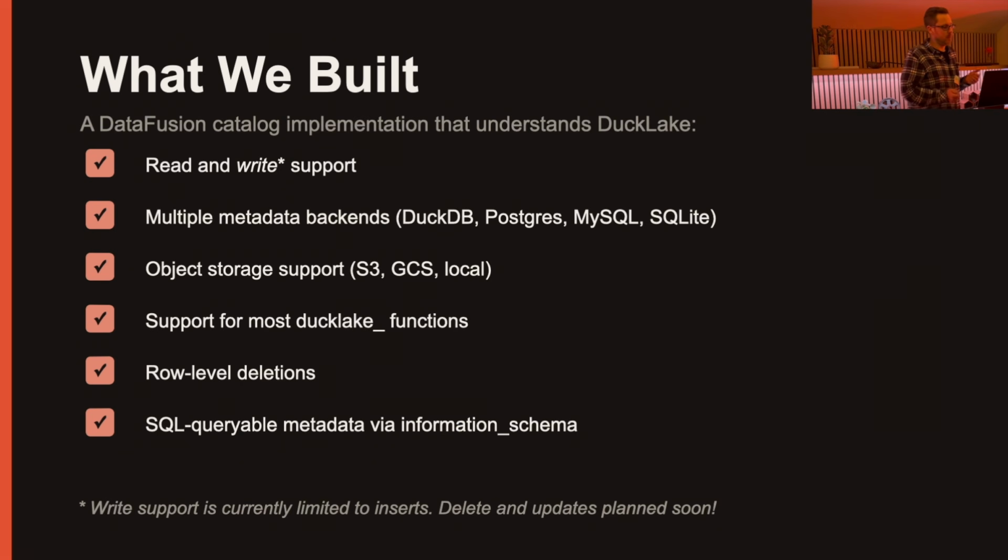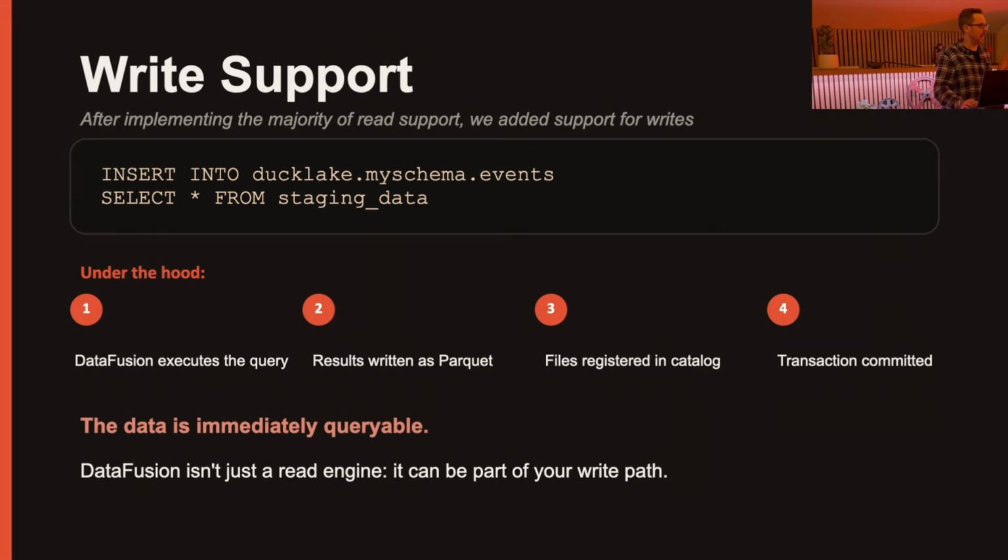We've added read support. We support all the different metadata backends that the DuckDB extension supports, different object storage, lots of the different row level deletions, and most of the non-administrative functionality, so nothing like compaction or stuff like that.